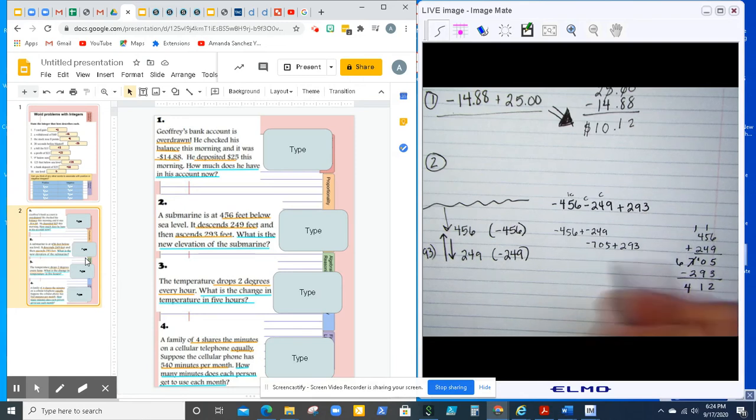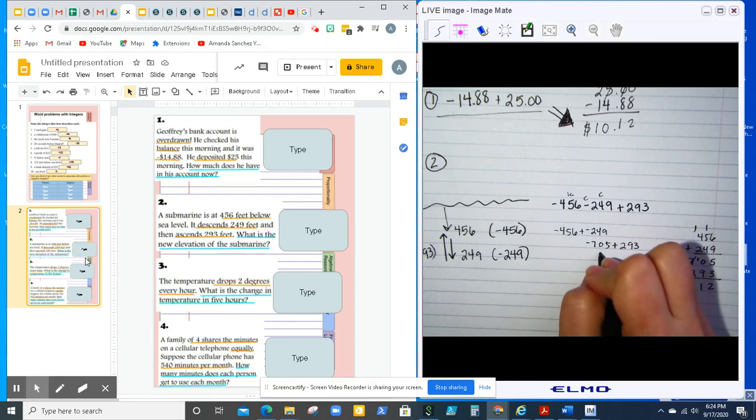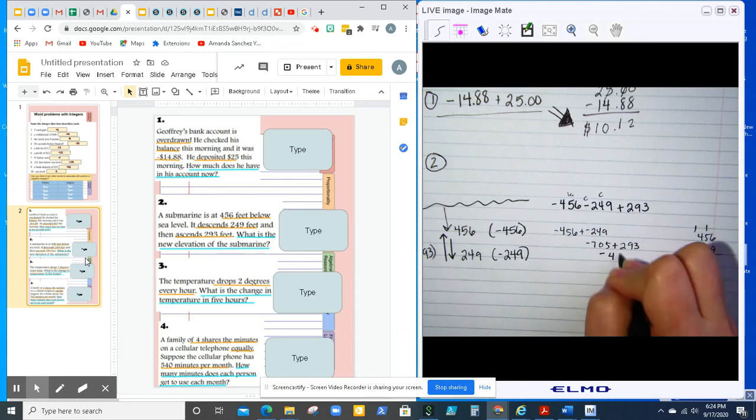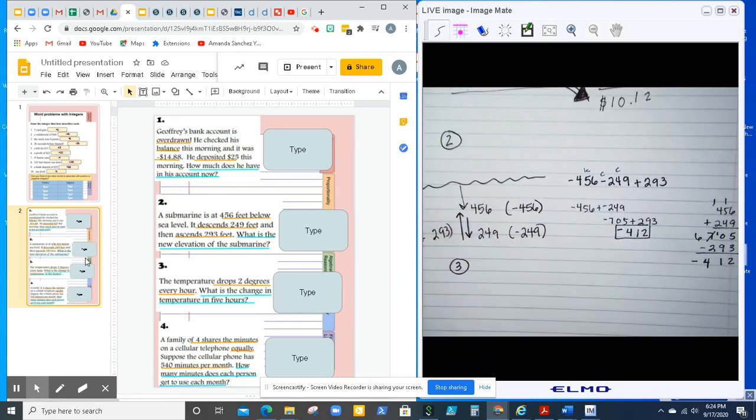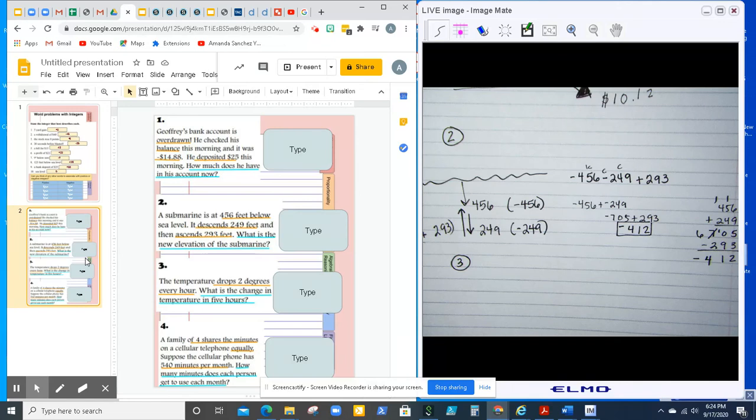So since this was a negative, this 705 is further from 0 than the 293. So the answer would be a negative 412.